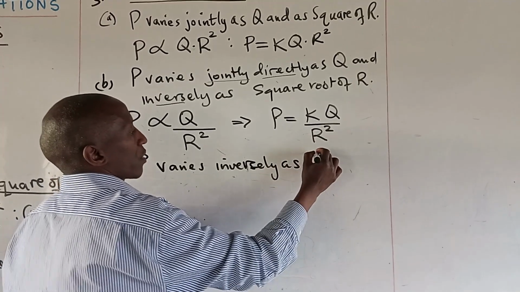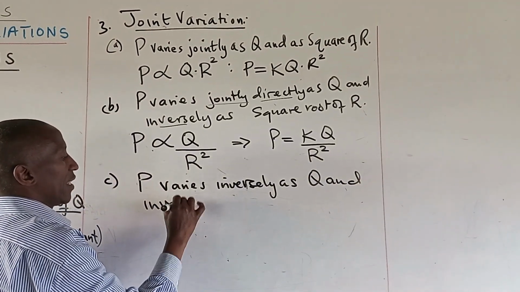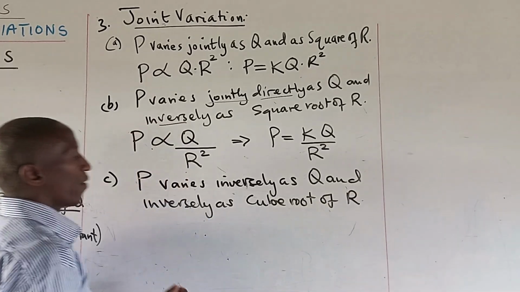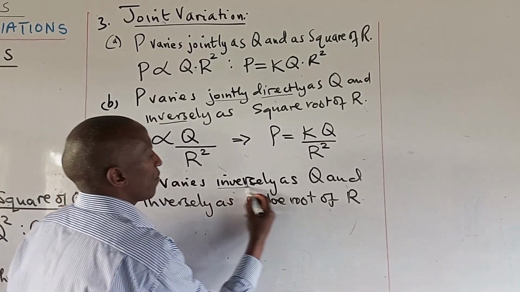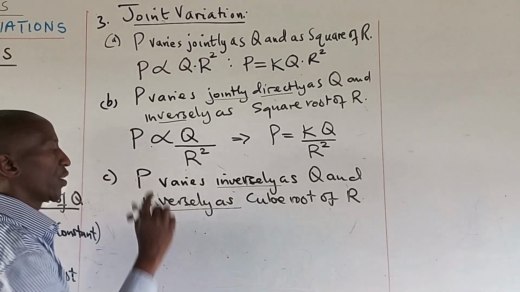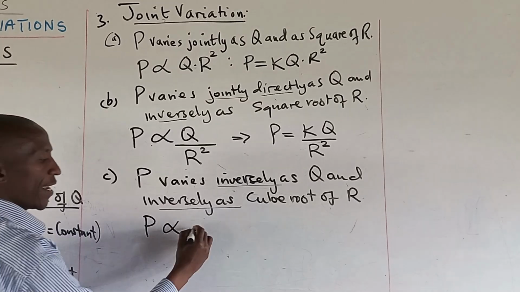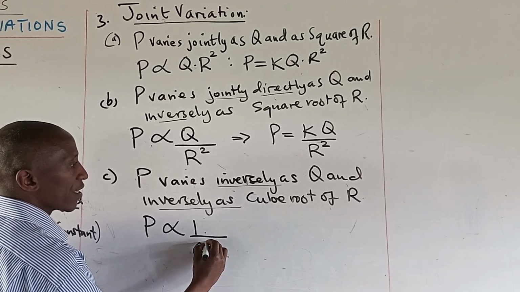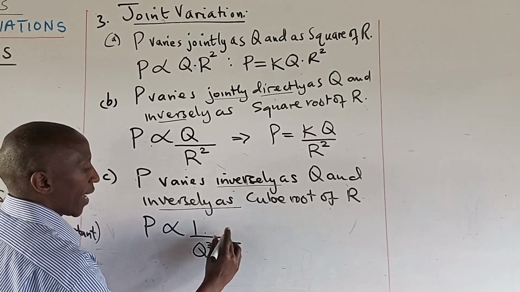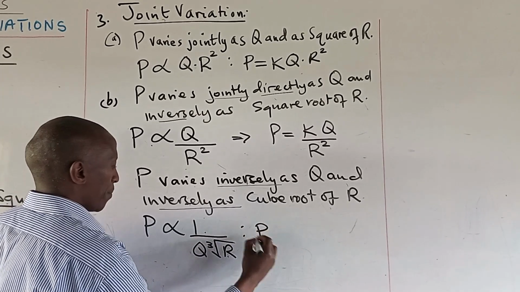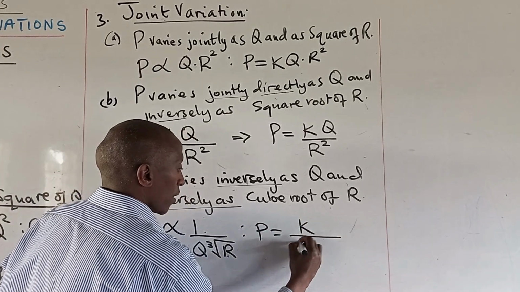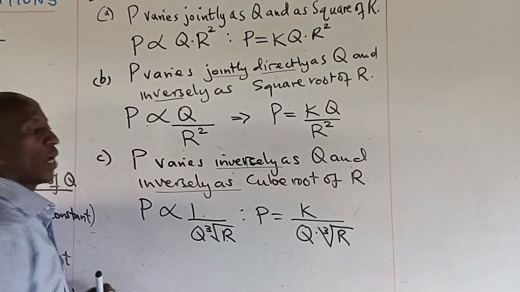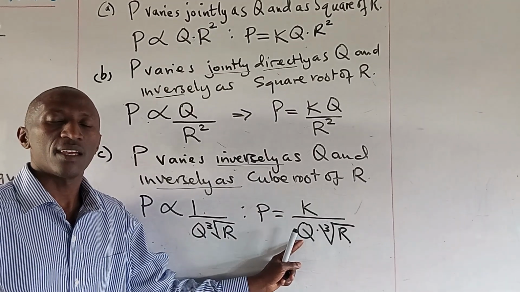P varies inversely as Q and inversely as the cube root of R. And that as a relationship or as a rule will become P is equal to K all over Q multiplied by the cube root of R. So both of them are below as denominators since they are in the inverse case.